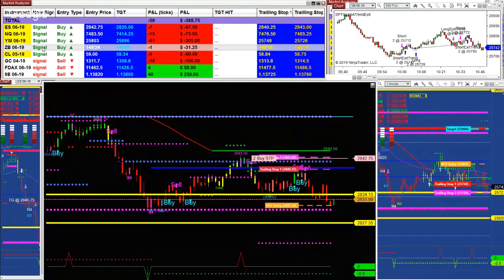So when we see this market, the 30-year treasury bond going in the same direction as the ES, Nasdaq, Dow Jones, that means we have a problem.